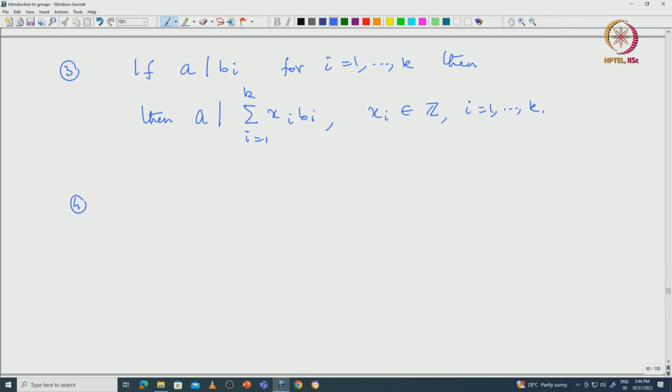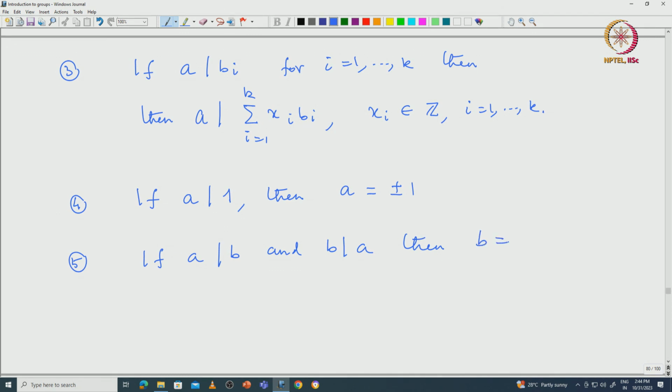One of the important properties of divisibility: if a divides 1, since 1 is a unit inside the set of integers, then this immediately implies a is either plus or minus 1. So from this you can conclude that if a divides b and b divides a, then they differ by just plus or minus 1.